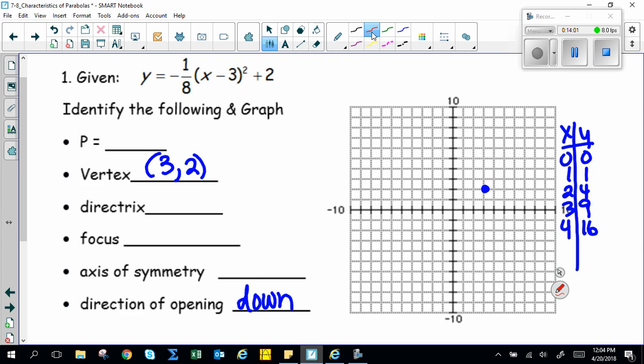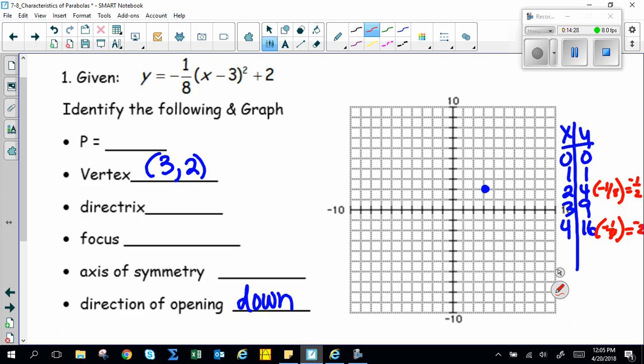So if I multiplied 4 times negative 1 over 8, I'd get negative 1/2. And if I multiplied 16 by negative 1 over 8, I would get negative 2. All right? And those are the only points I'm going to worry about.